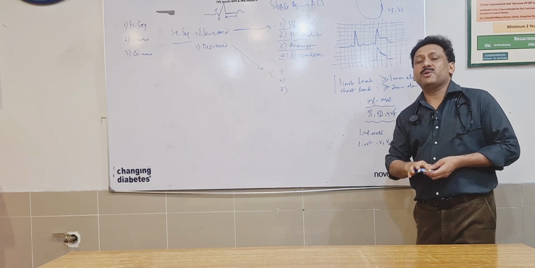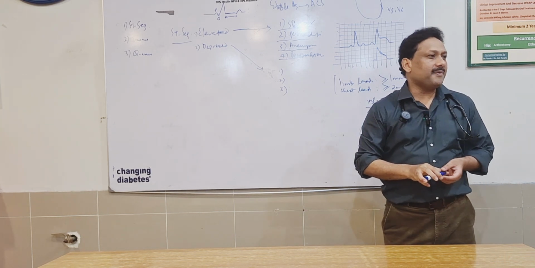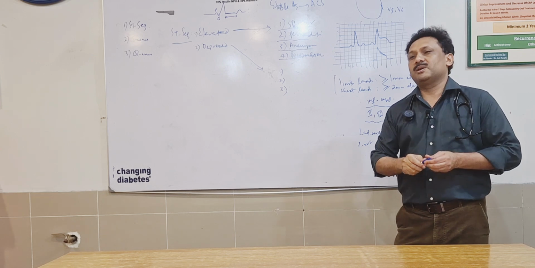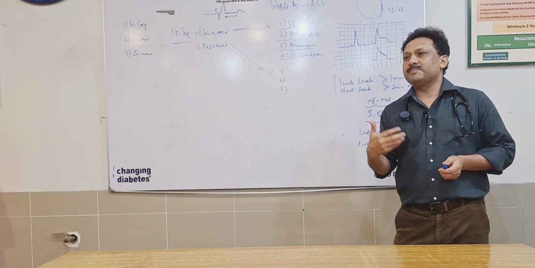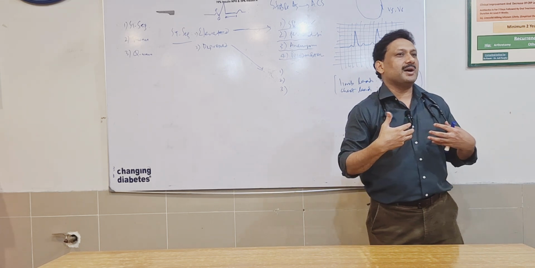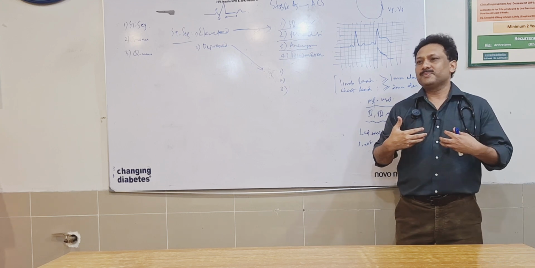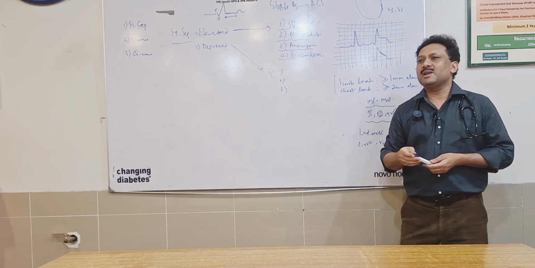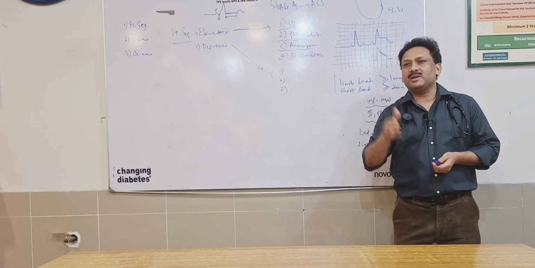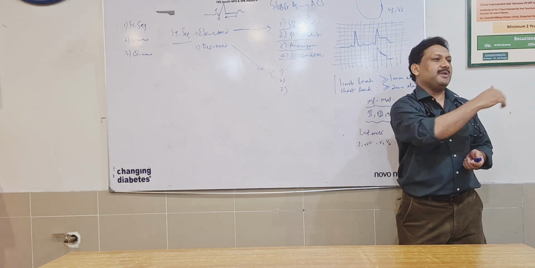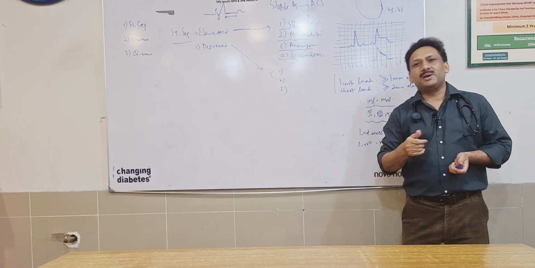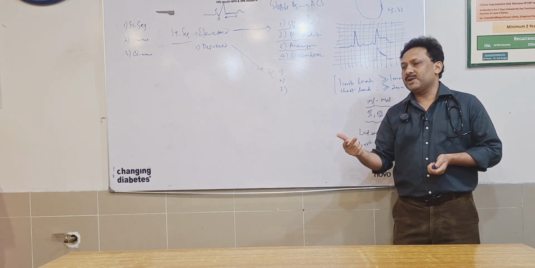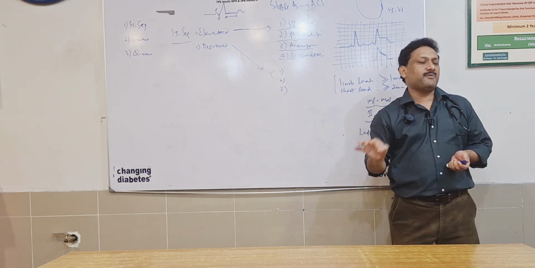But the more catching point is, myocardial infarction is going to be wall specific. If somebody is suffering from inferior wall myocardial infarction, he or she would have ST segment elevation in leads 2, 3, aVF. If somebody has lateral wall myocardial infarction, he would have elevation in 1, aVL, V5, V6. Anteroseptal infarction, V1 to V4 elevation.